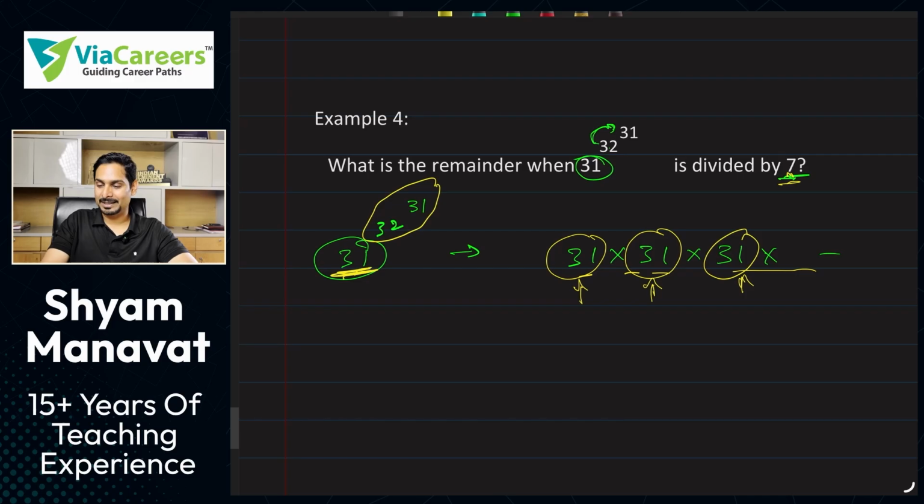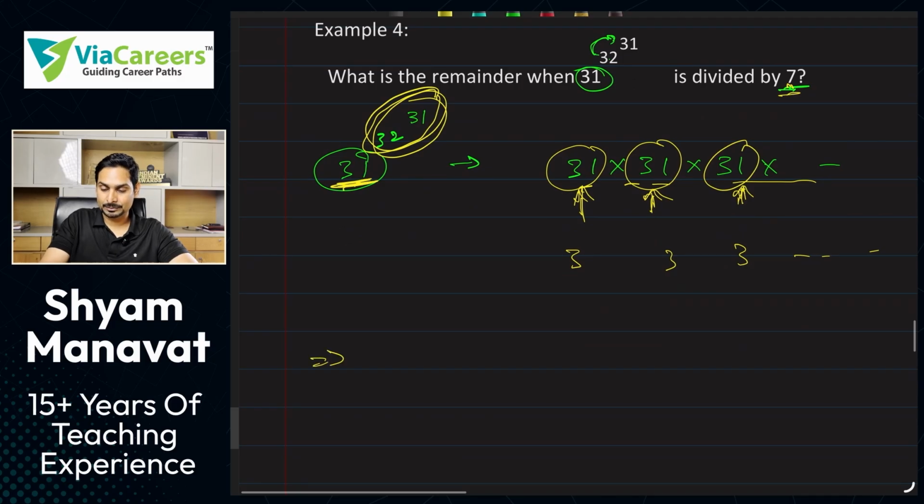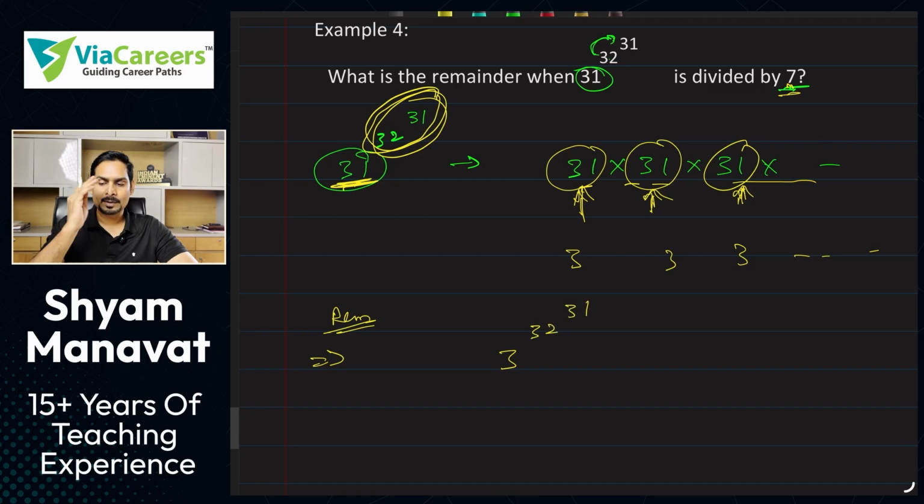So 31 when divided by 7, 7 4s are 28, gives the remainder 3, 3, 3, the same, 32 to the power 31 times. Can I write this as 3 to the power 32 to the power 31? No, it's basic common sense that 3 multiplied so many times will definitely be more than 7.